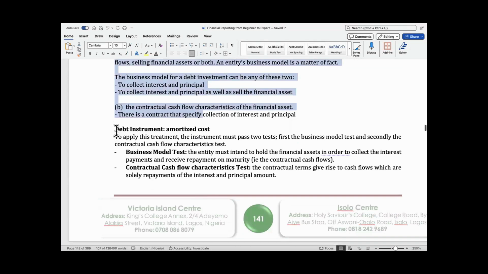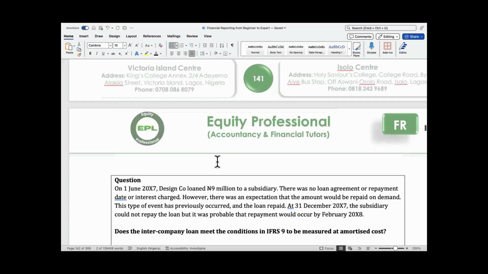So you see, for amortized cost, you can classify a debt investment at amortized cost if your business model is to hold the financial asset solely to collect interest and also receive principal at maturity.